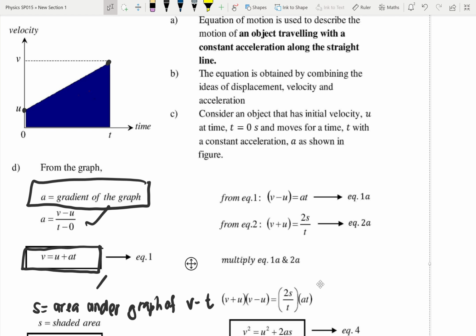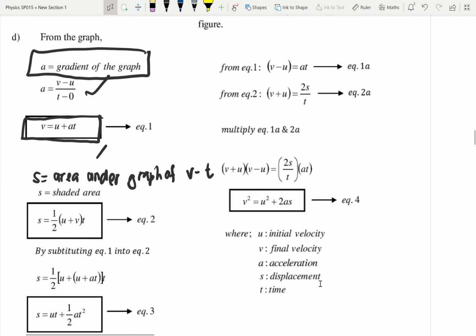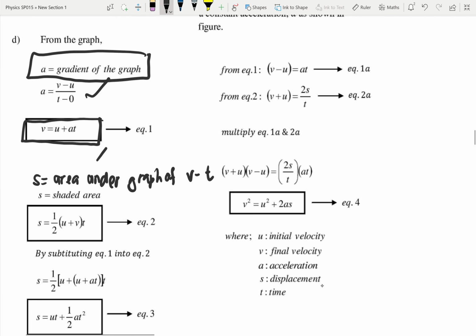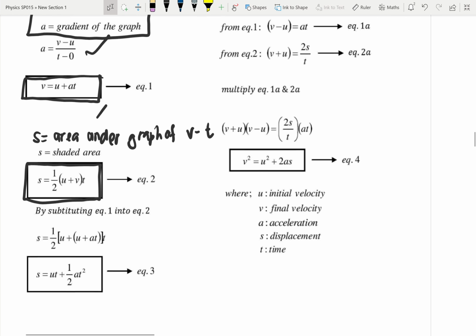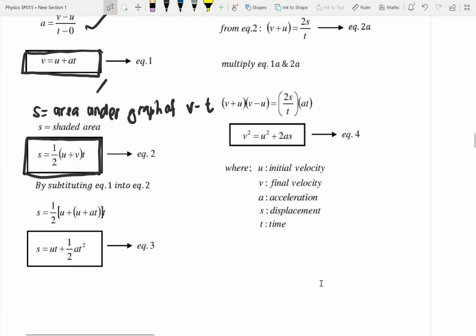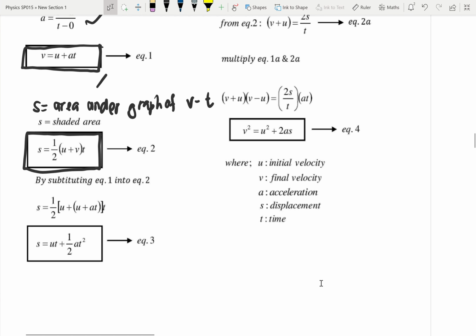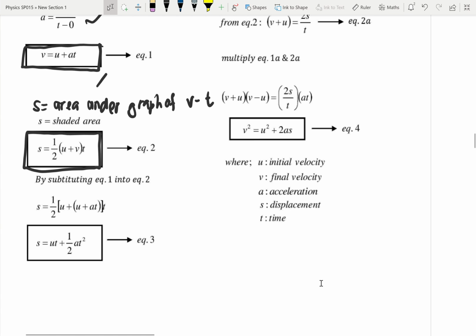The parallel sides are u and v, where this height is u and this height is v, and the height is t. So equation 2 comes from the concept of displacement equals the area under the graph of v against t. The shape is a trapezium, starting from initial velocity u and final velocity v in time t. So we have s equals half of u plus v times t.